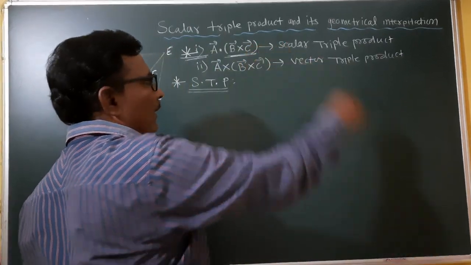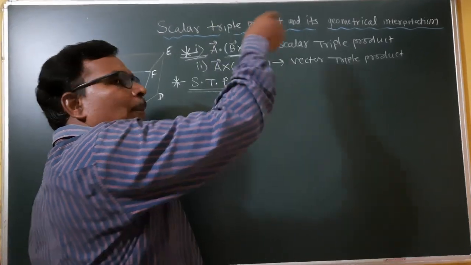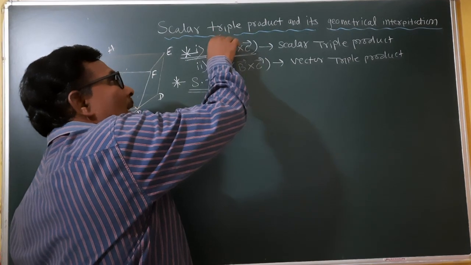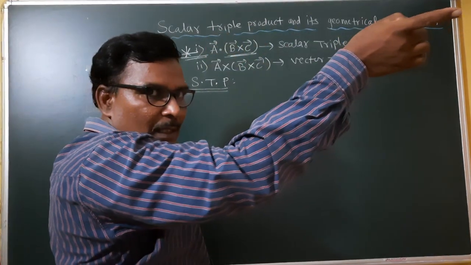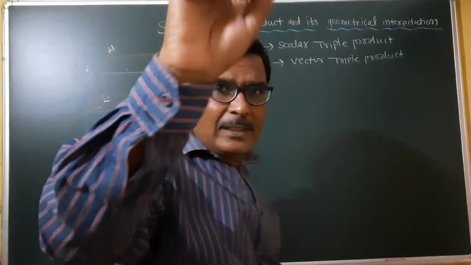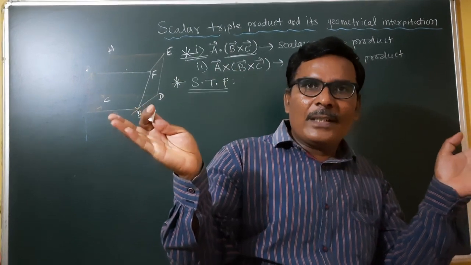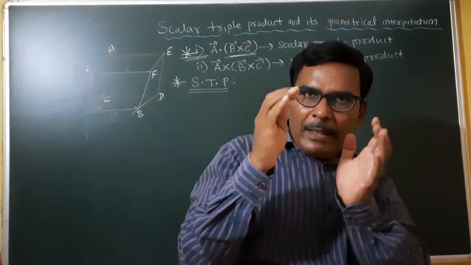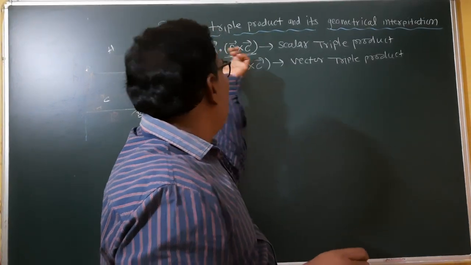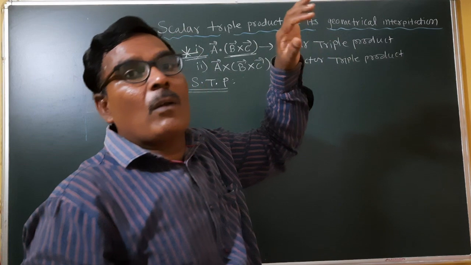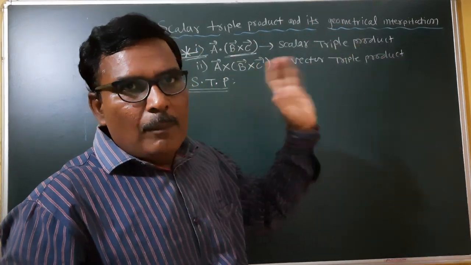The dot product of two vectors is a scalar quantity and the cross product of two vectors is a vector quantity. So this is what we call the scalar triple product.